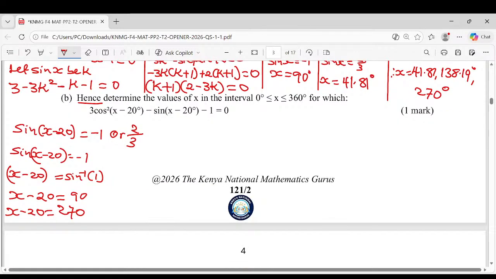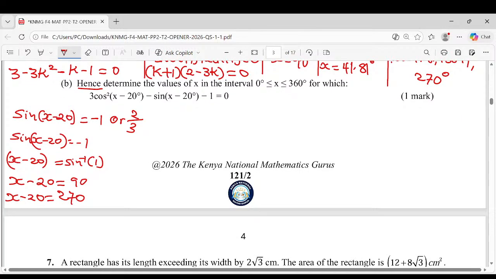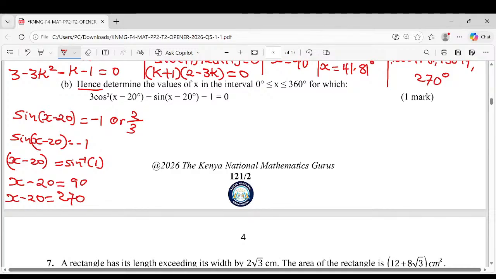If I have it in that particular case, ladies and gentlemen, I want us to be very mature here when we are solving it.